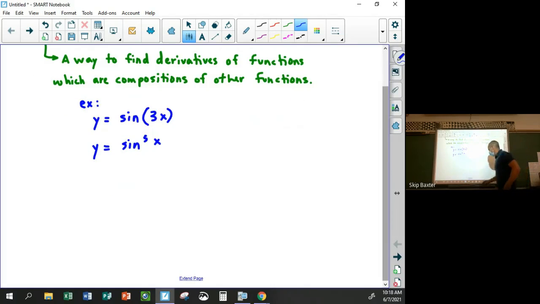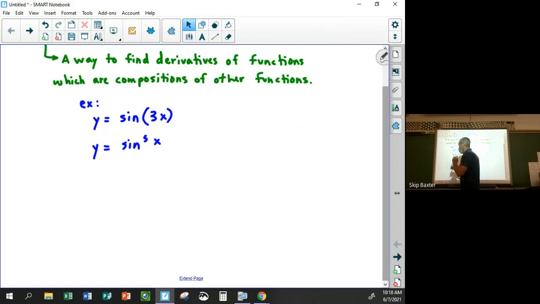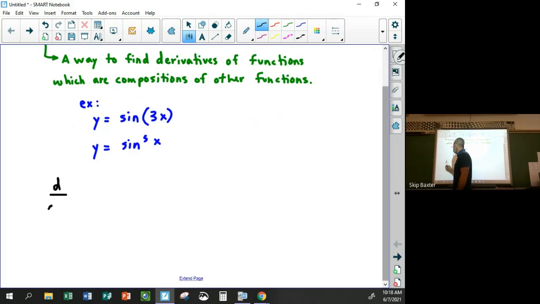So here's the chain rule. The chain rule says if you have the derivative of a composition, you could write a composition as f of g of x. That's a way to write a composition of 2 functions. Like for example, in this case, g of x would be 3x, f of x would be sine x.